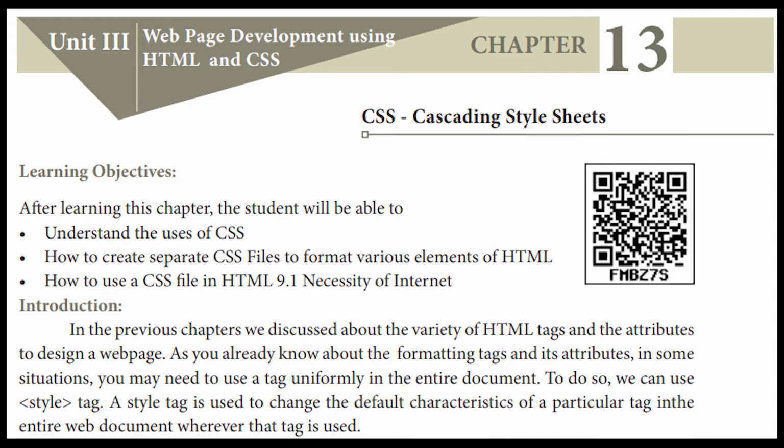Okay, CSS means, as I told you in the last session itself, CSS is a style sheet. CSS is a cascading style sheet. The same cascading style sheet can be said to be a site-wide style sheet, and it has some other names also. Okay, style sheet means it is a sheet, a special set of instructions or a special set of coding. It will have the styling formats.